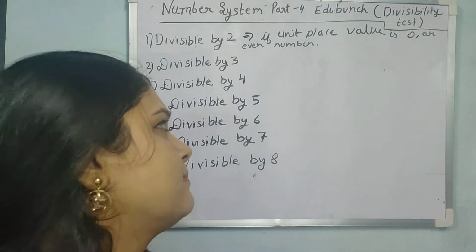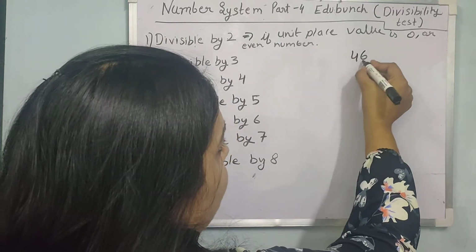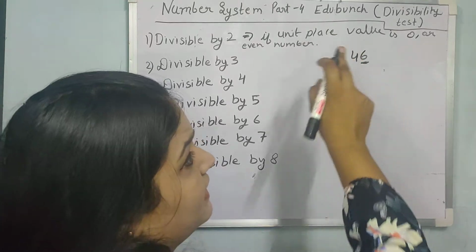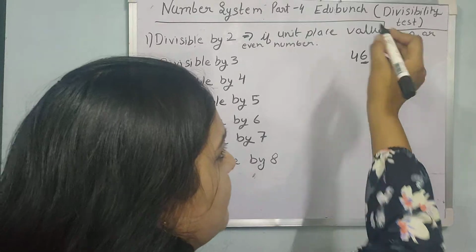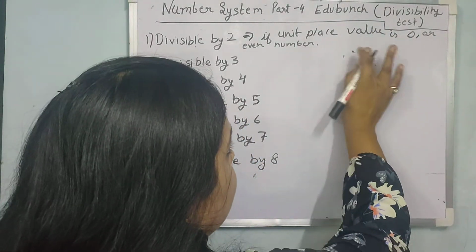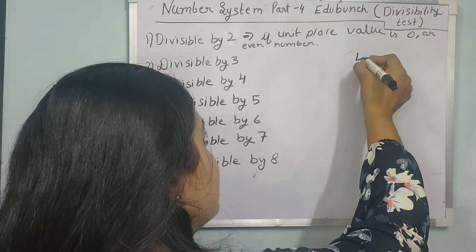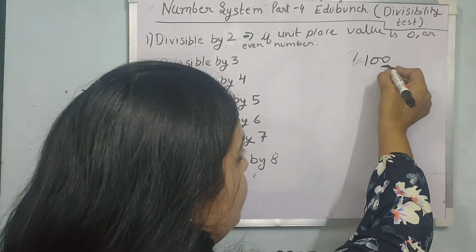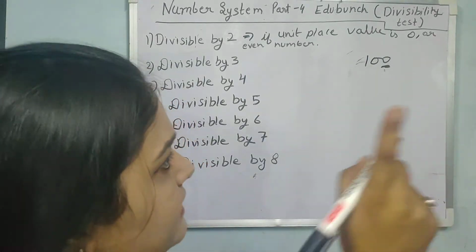Like we are taking the example 46. Look here, we just check the unit place digit. The unit place digit is even here, so we can say 46 is divisible by 2. For example, we take 100. The unit value is 0, so it's also divisible by 2.